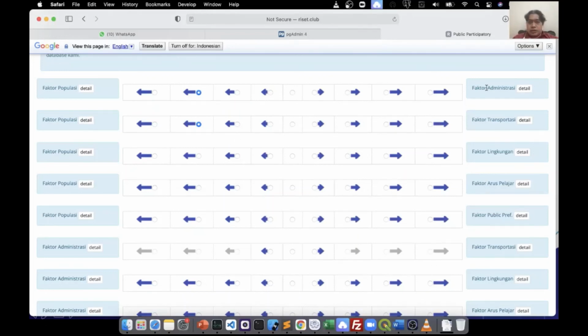So administration and transportation must be the same weak, a little bit the same weak here. It can choose this one, or this one. Okay, and this is the directed pairwise judgment. The method for the directed pairwise judgment process.